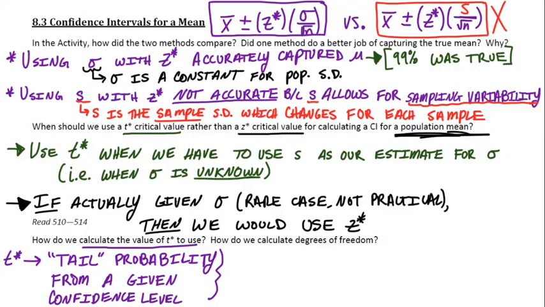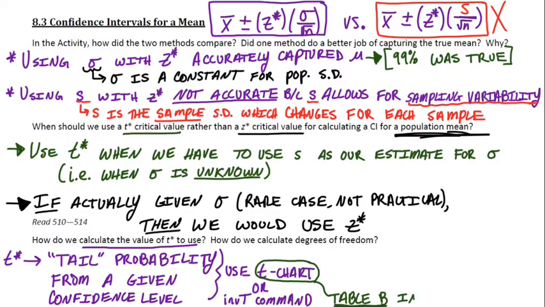An example of the tail probability, if we want a 90% confidence level, well, that means there's 5% left in each tail. And we can use a chart, which you get on the AP exam and our exams, or you can use your calculator. Just like we had inverse norm, there's an inverse t command. And if you want to take a look at a t-chart right now, it's table B in the back of your textbook. It comes right after the normal distribution table.